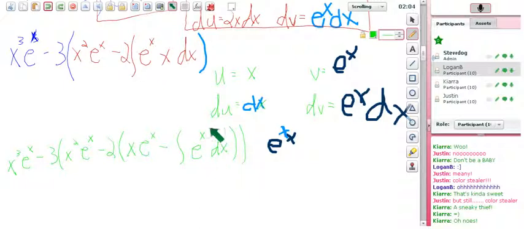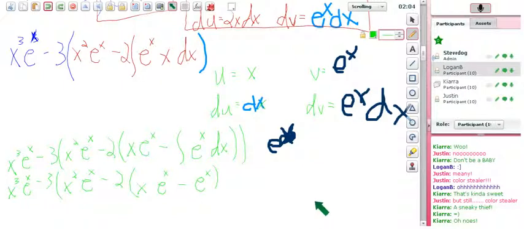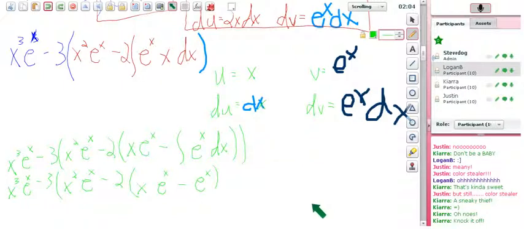So this part is just e to the x, and everything else stays the same. So there's when we had to apply integration by parts 3 different times.